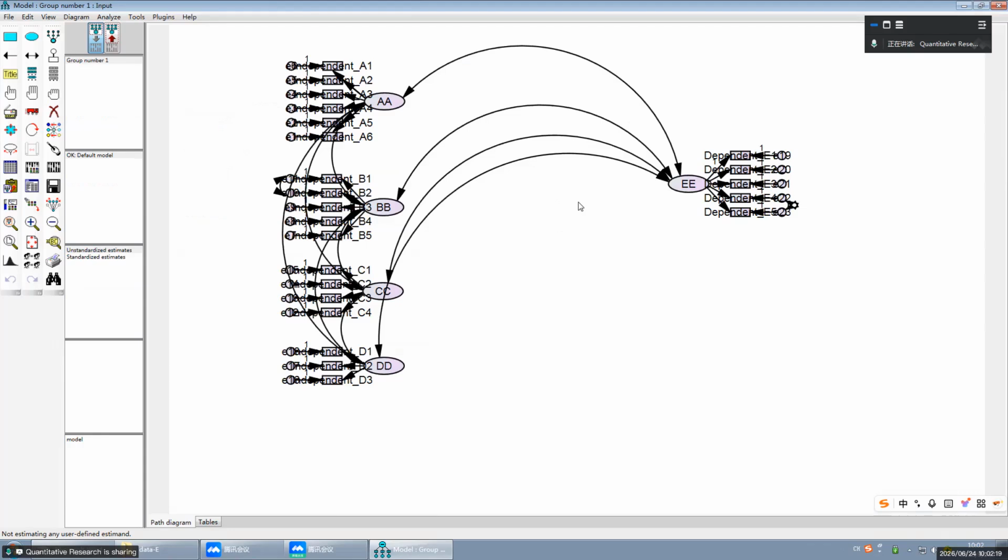It is for reliability. And AVE is used to confirm what? Convergent validity.